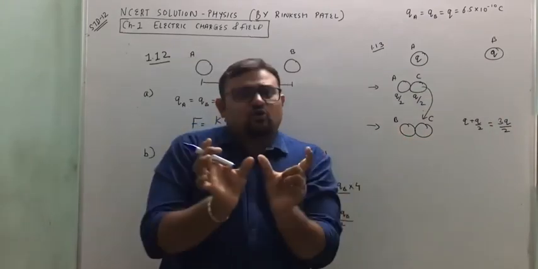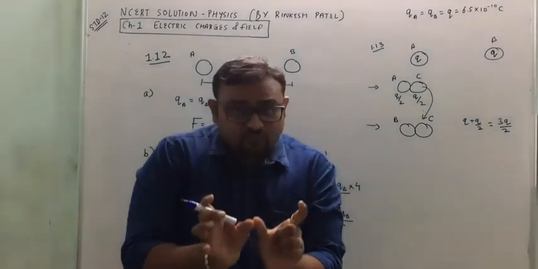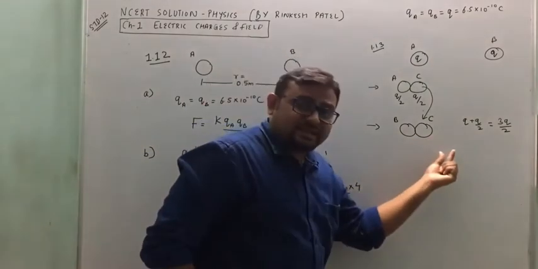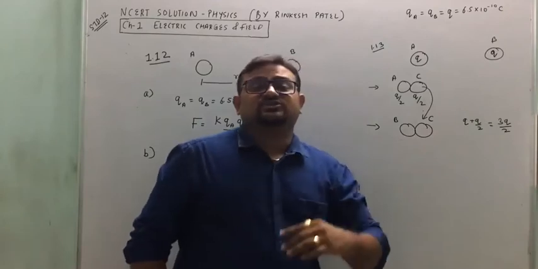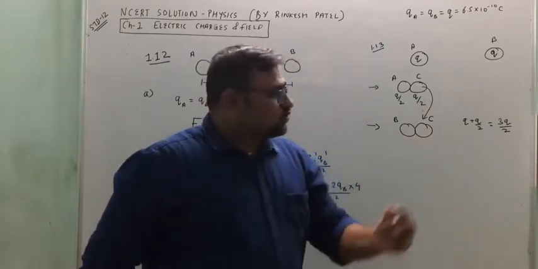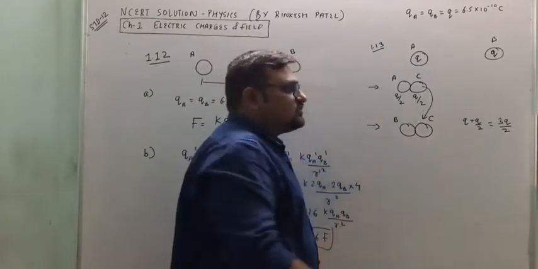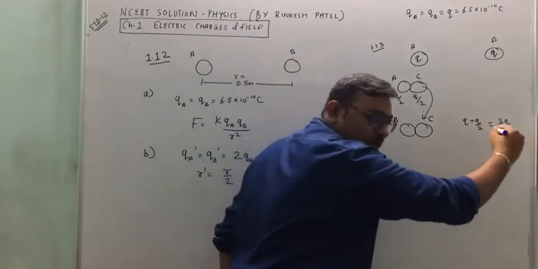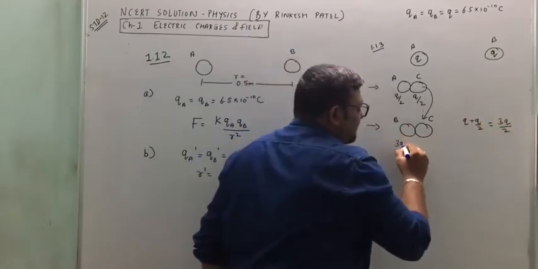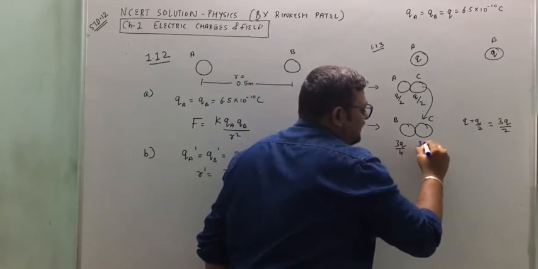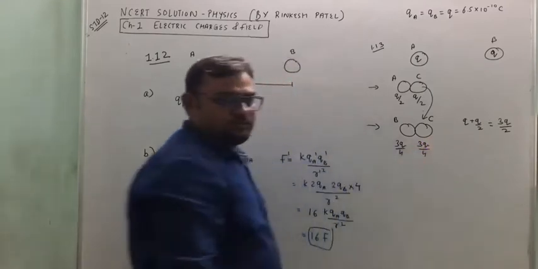Now as they are in contact with each other, the charge will distribute. Now both are having identical size, the charge will distribute equally. So each of the spheres will have charge 3Q by 2 divided by 2. So that is 3Q by 4 and 3Q by 4.